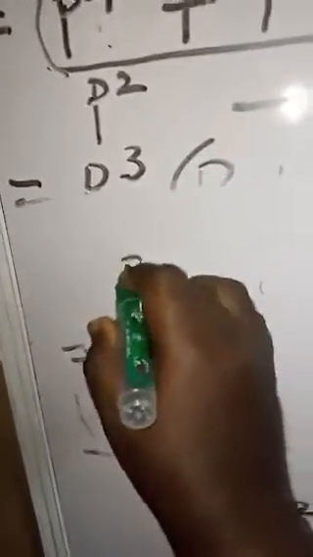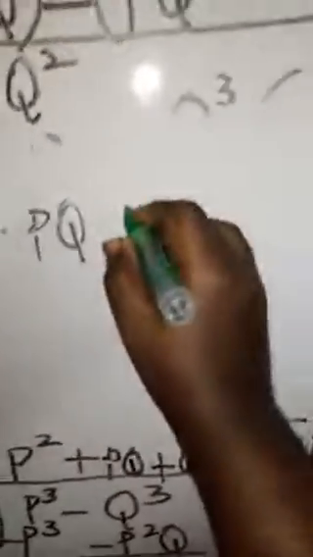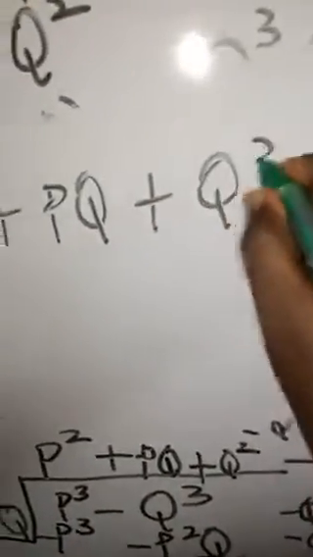So now we arrived at p square plus pq plus q square. Now let's go back to what we used for representation. P is equal to x raised to power 1 over 3.